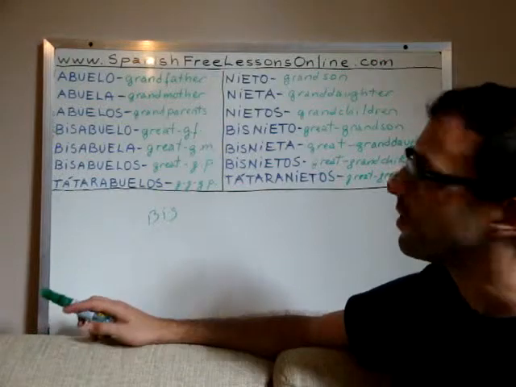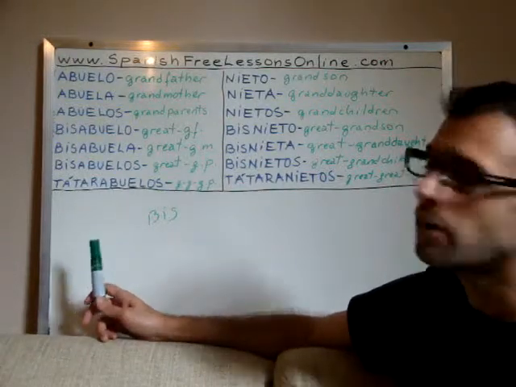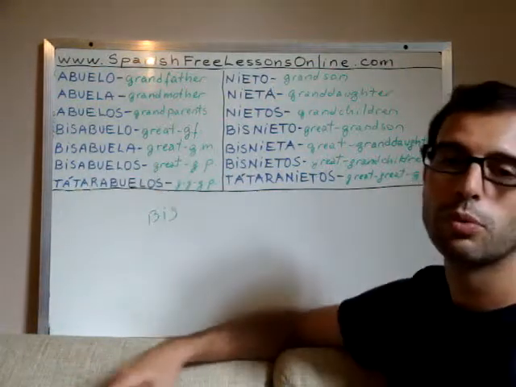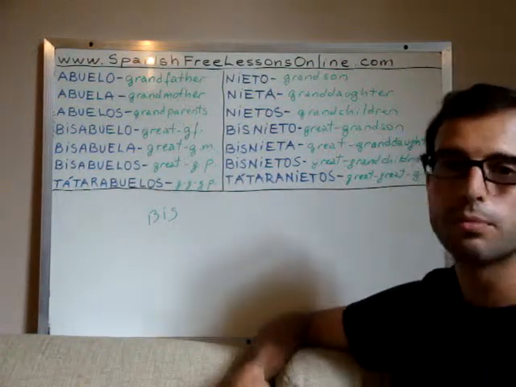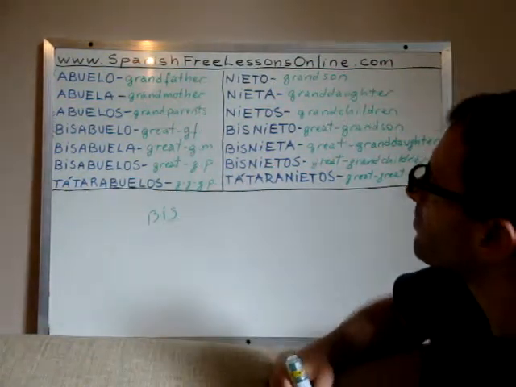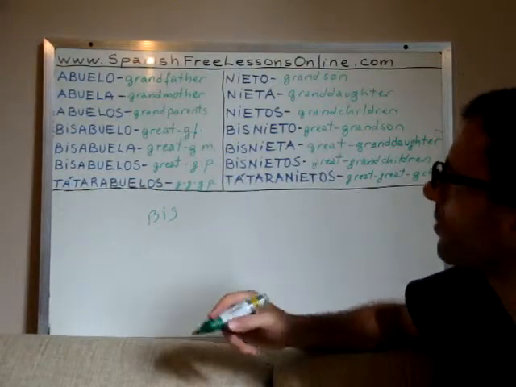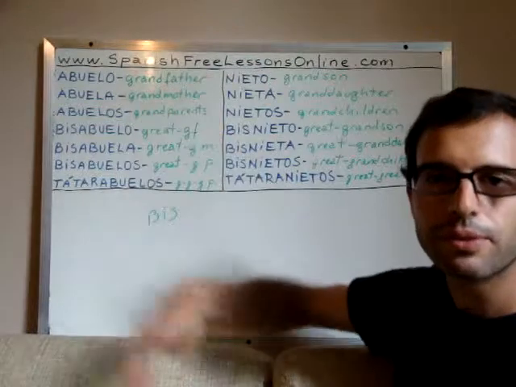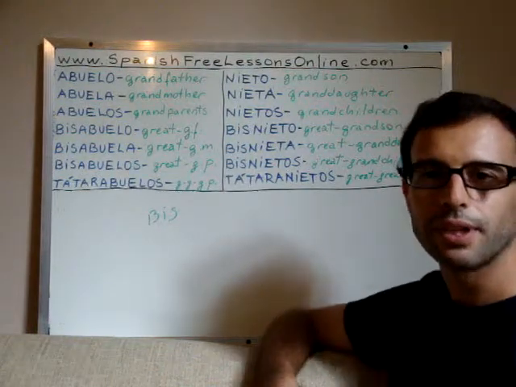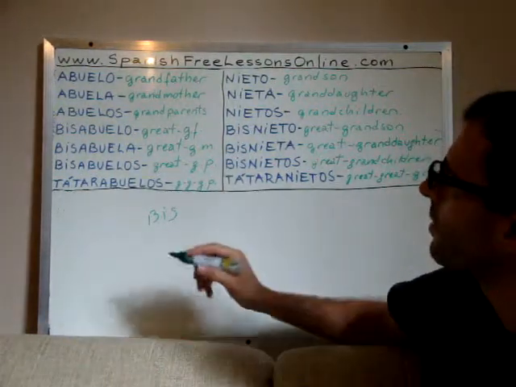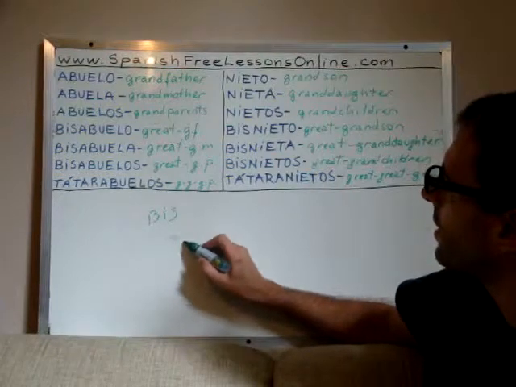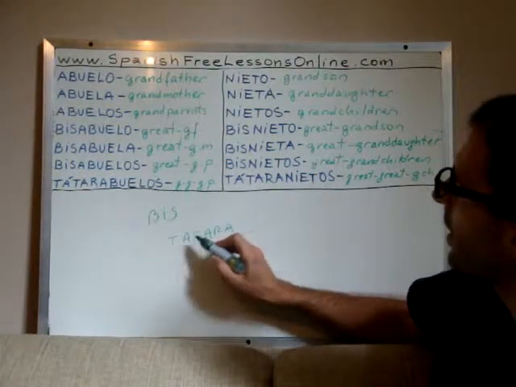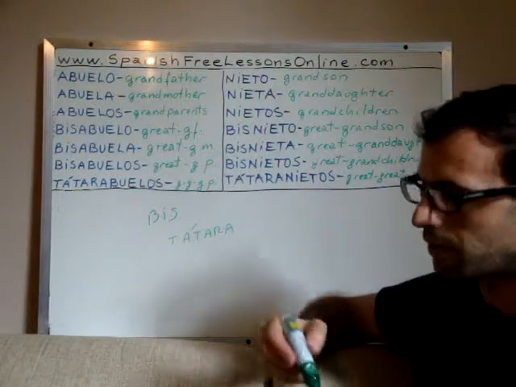So there are rules as to where goes the accent in words that don't have the tilde, and that we will see further on because it's more complex. Okay? So if we want to go even further and say the great great great grandfather, or grandparents, we add as many tatara as you want.